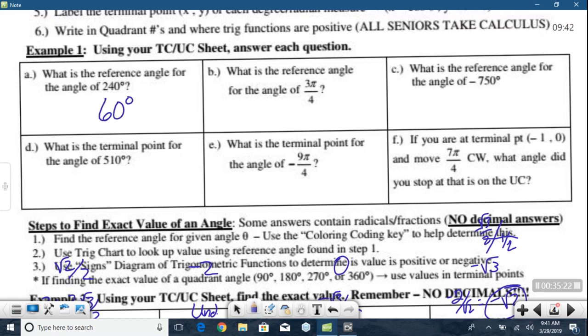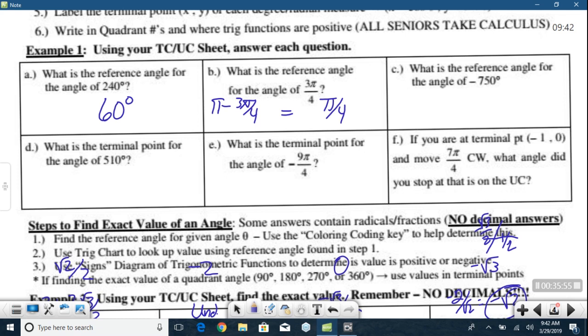What is the reference angle for the angle of 3 pi over 4? What quadrant is that in? Quadrant 2. So it told me to do what when the angle's in quadrant 2? 180 minus that. What is 180 in radians? Pi. So we're just going to do pi minus 3 pi over 4.